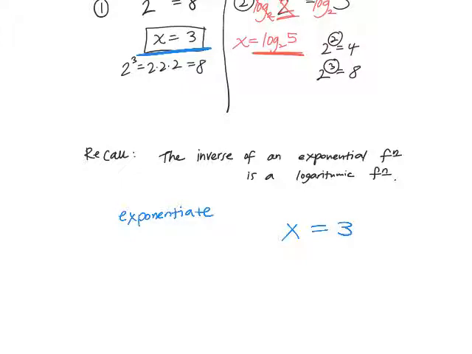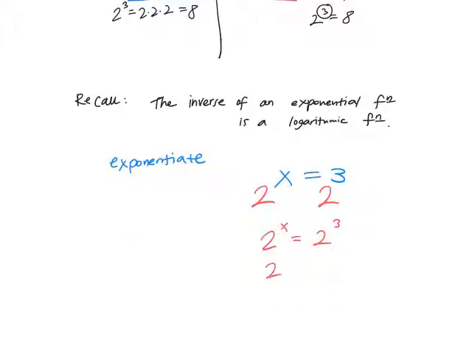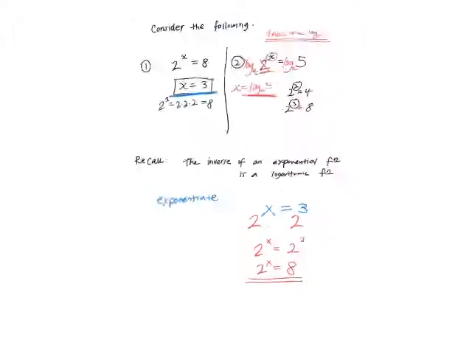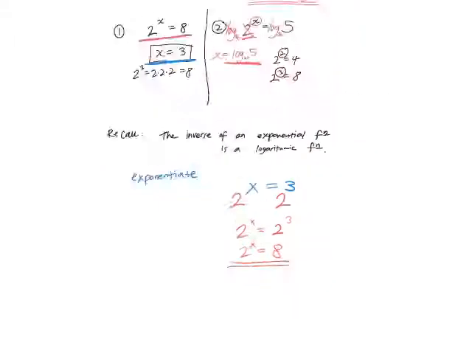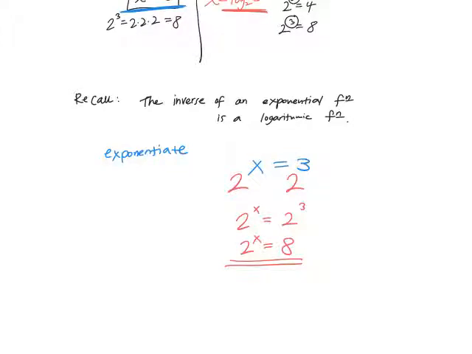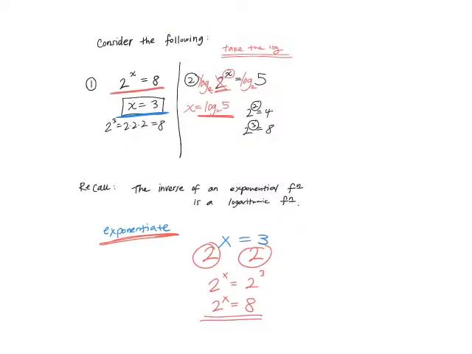So I can exponentiate both of these by base 2 if I want to. Now I've made my equation 2 to the x equals 2 cubed, which is 2 to the x equals 8. Notice that's the original problem that I had. So 2 new operations that you've learned are exponentiating both sides by the same base and taking the log of both sides by the same base.